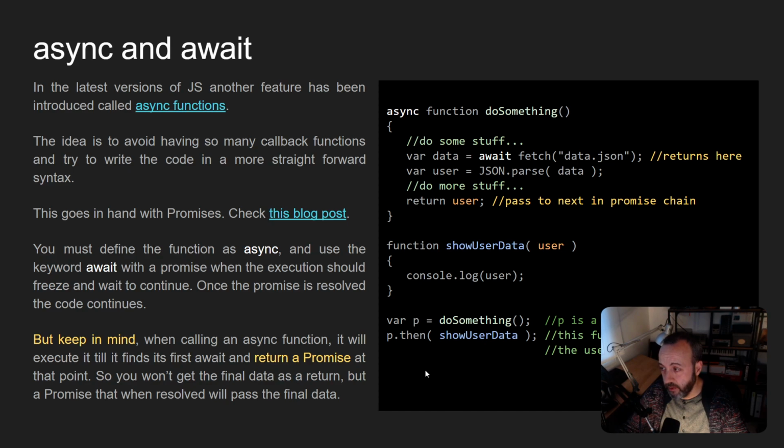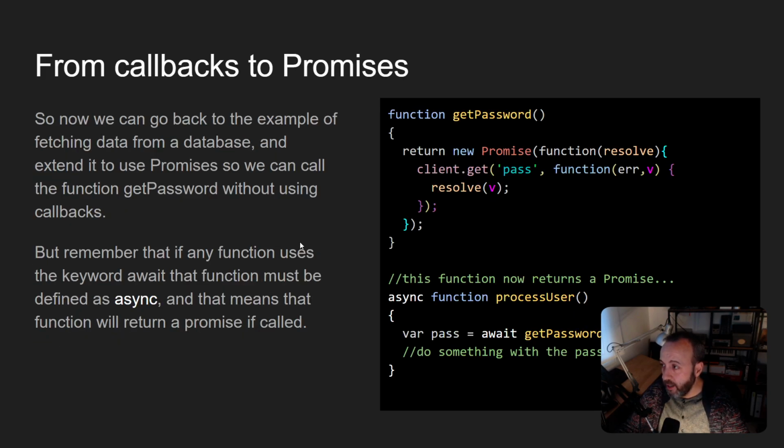Here's an example of this. Okay, so suddenly this ugly function we have at the beginning, this get password, can be transformed in an asynchronous function. Look, I can do something like this. Pass equals await get password. And what it's going to do is it's going to call get password, and this get password is going to return a promise, and this promise is going to be resolved once I get the data from the database.